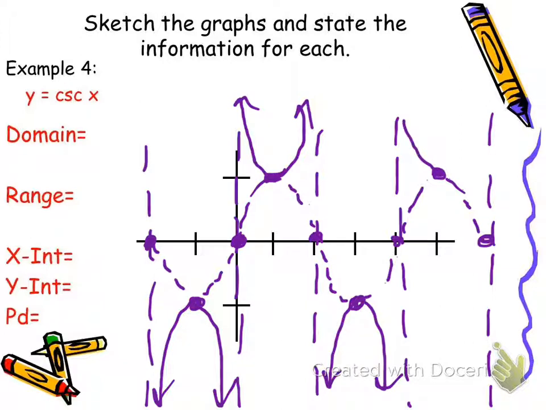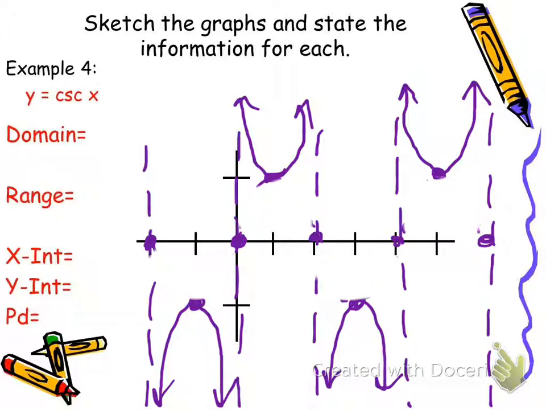And this one flips up. Now, if it's dotted, it's okay for it to stay, but I'm going to erase it just so you're clear that it's just those solid parts, just the things that open down or up that we are going to work with. That's the cosecant graph.